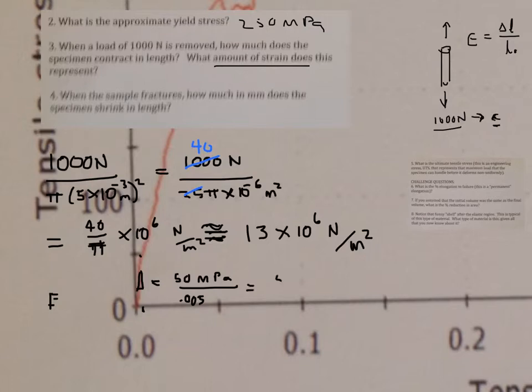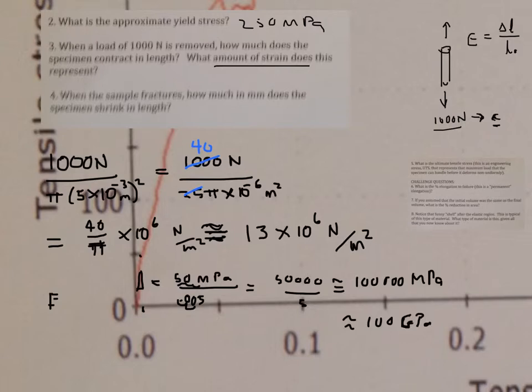So that makes that 50,000 divided by 5, which is 100,000 megapascals, which is about 100 gigapascals.